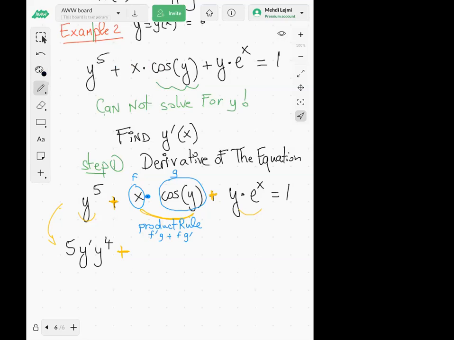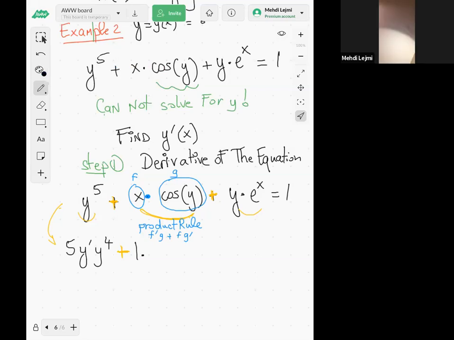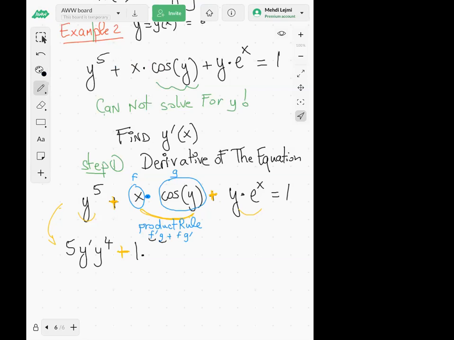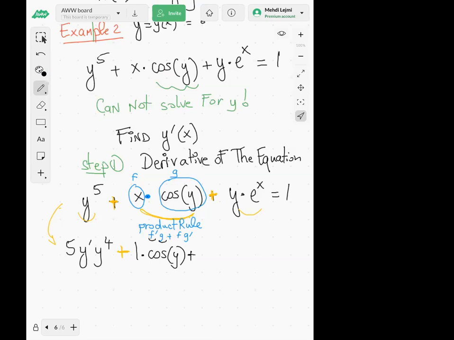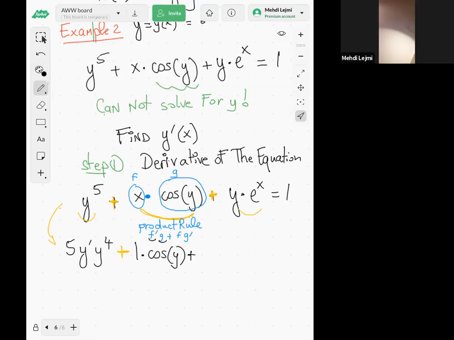1 times... Well, you don't have to change. So 1, that's the f prime, right? Times g, so it's the same function. Yes, Ibrahima. So it's 1 times cosine of y, and plus, minus sine.